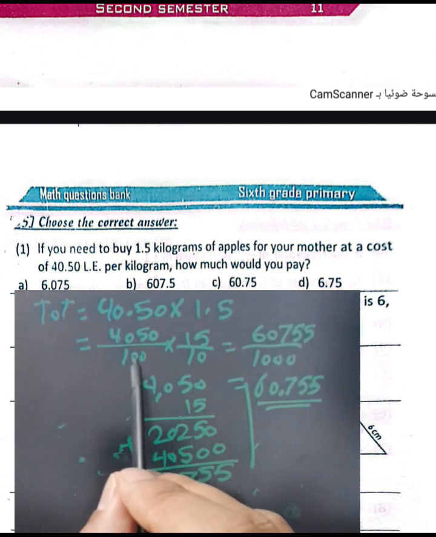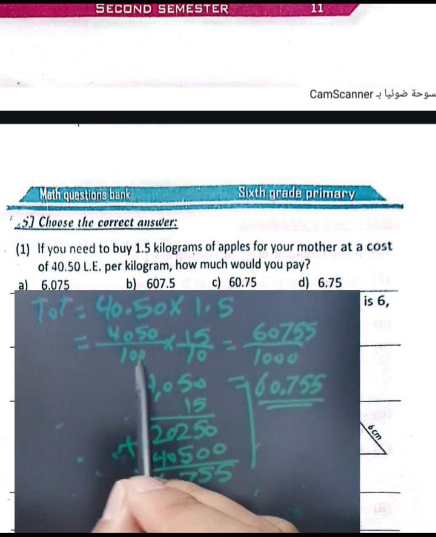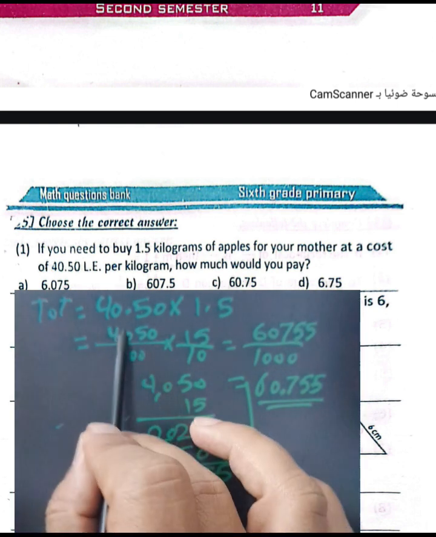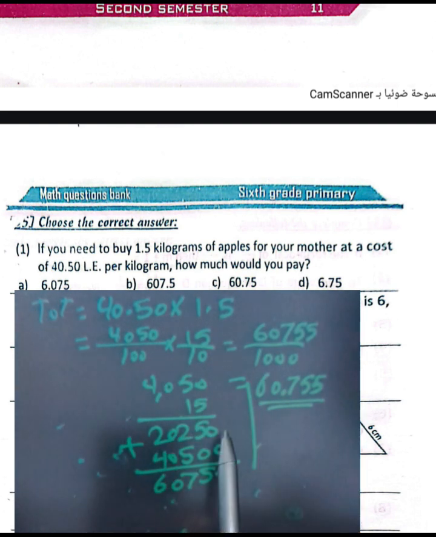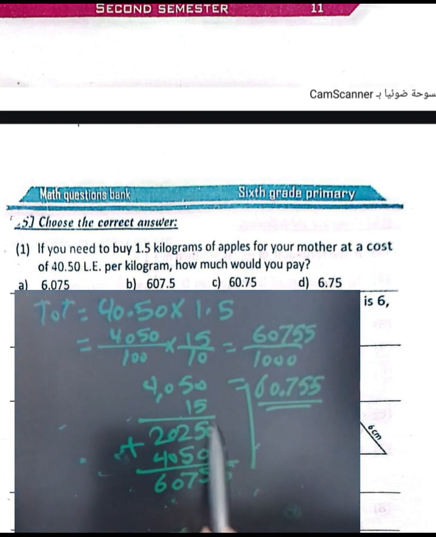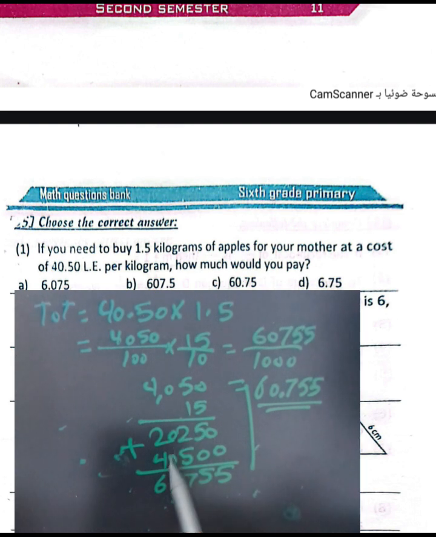Again, we have 40.50. Then the result will be 4050 over 100, over here 15. 5 times 0 equals 0. 5 times 5, 25. 5 times 4 equals 20 plus 2. 1 times 0 equals 0. 1 times 5, 1 times 0, 1 times 4.